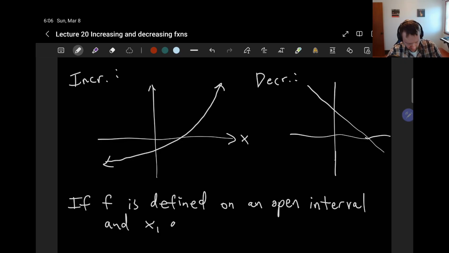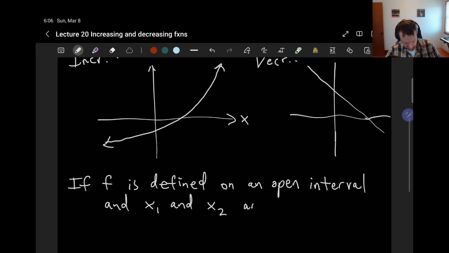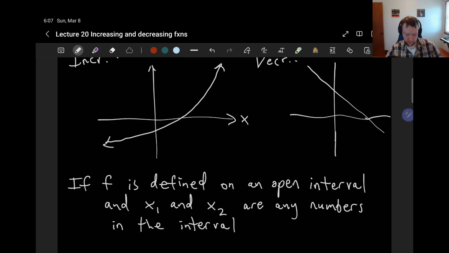And let's say that these two numbers, x1 and x2, are any numbers in the interval. Now I'm also going to say that x2 is the bigger number than x1.